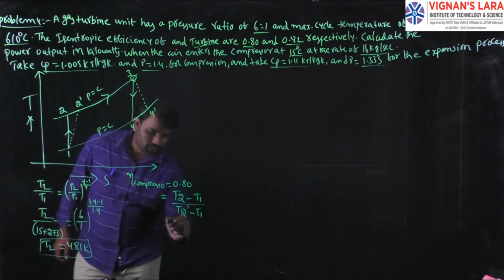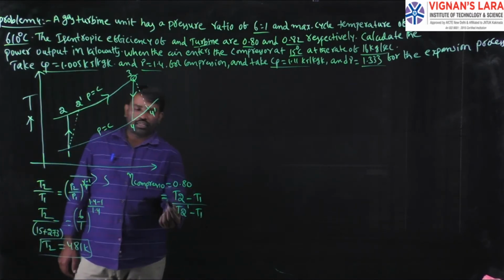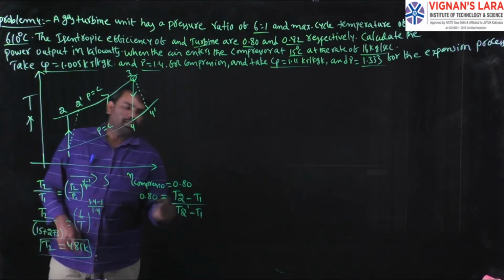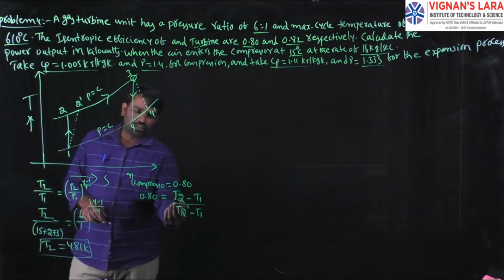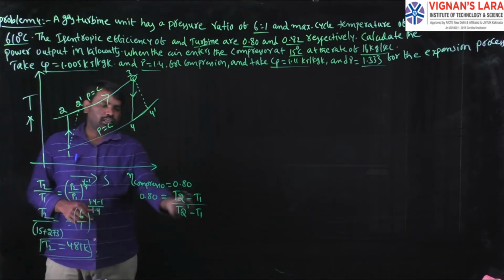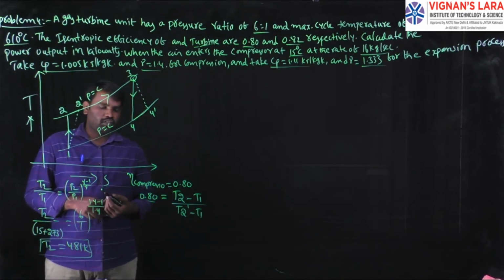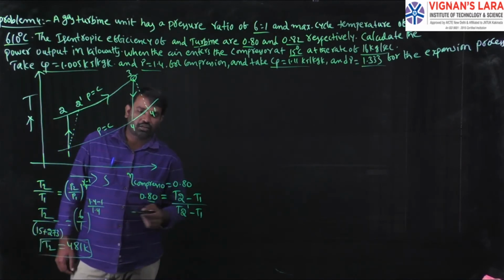So T2 is a known value and T1 is a known value. T2 dash we have to find in this relation. 0.80 is equal to T2 minus T1 divided by T2 dash minus T1. The actual compressor work is always higher than the theoretical compressor work. That's why the efficiency is less than 100 percent, 0.80.